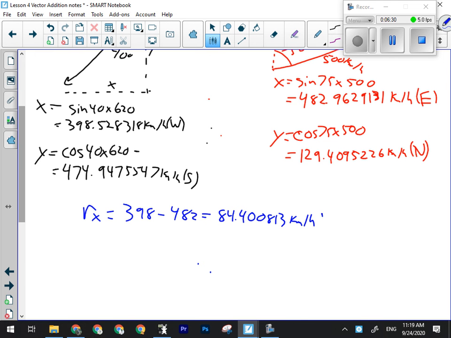Okay, I need to do the same thing to calculate my resultant's y component. Again, I don't know what it looks like, so I'm just calculating them here. To calculate my resultant's y, I'm going to take the 474, that was south, so it's negative, and add the 129 that was north to get my resultant there.